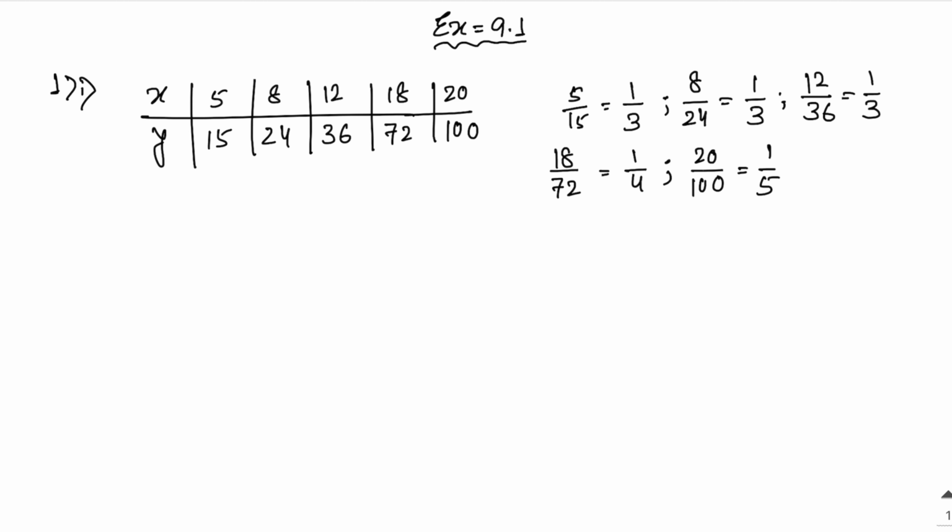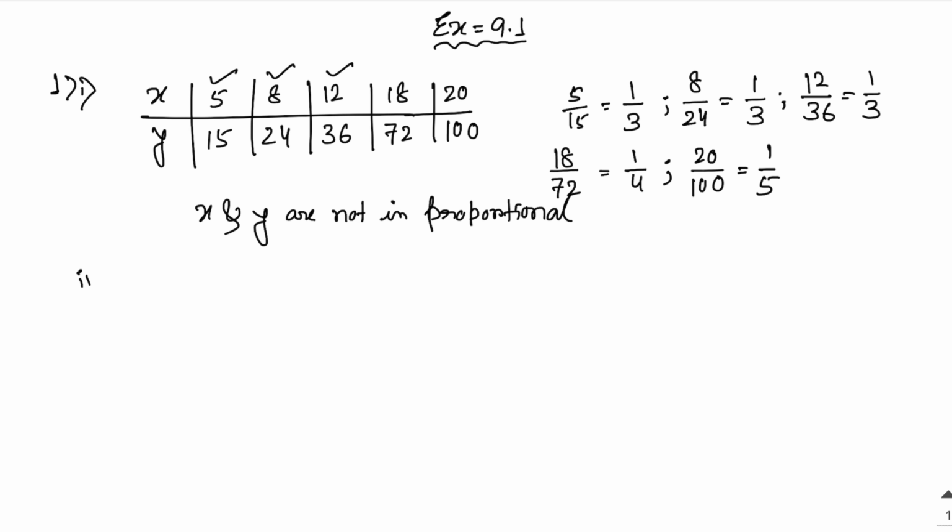So that means the first, second and third are 1 by 3, but the next one is 1 by 4 and the last one is 1 by 5. That means x and y are not proportional, because if x and y are proportional, then each and every ratio will be the same.